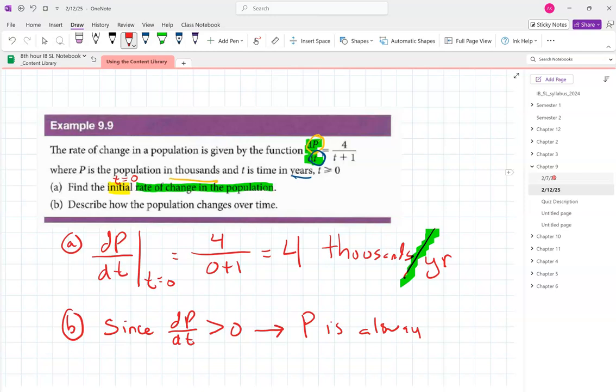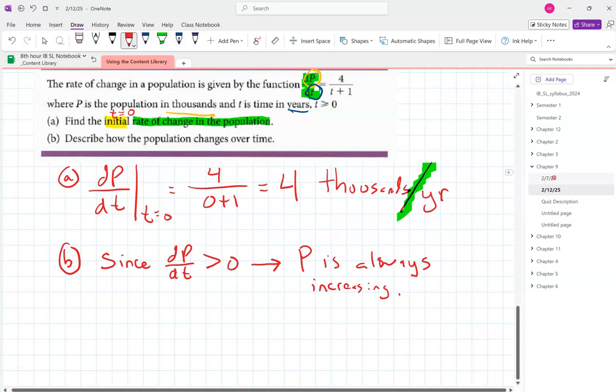It is always positive. Increasing. Right? The population's always getting bigger. It's always growing. It never starts decreasing where you lose people. Yeah, it's the rate. That's the rate, not the population.